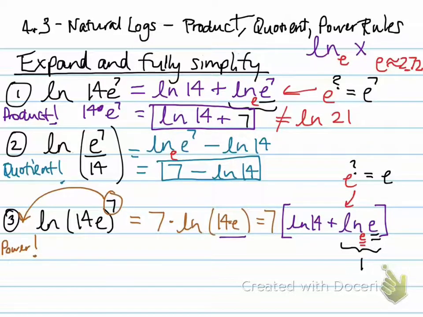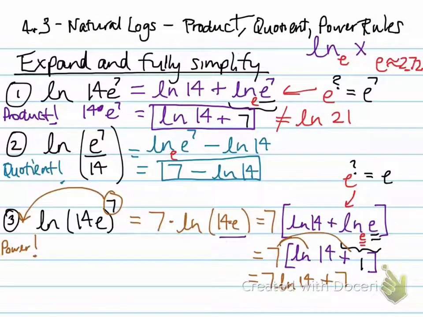So carrying everything else down, I already had the 7 out in front. I have my natural log of 14 plus 1, that second term simplifies to. And then just as a final answer, if I want to go ahead and distribute this to fully expand, so distributing that 7, this would be 7 times the natural log of 14 plus 7 times 1, which equals 7. So that would be my final answer.